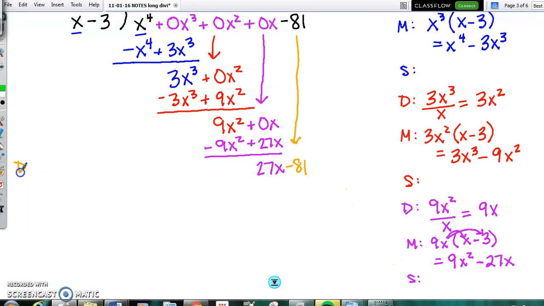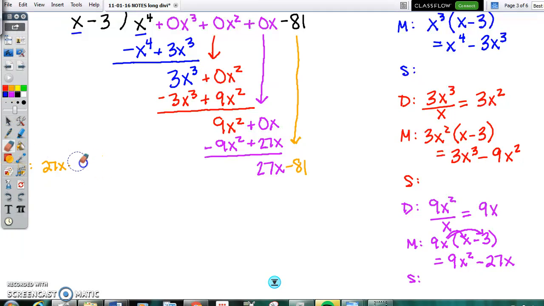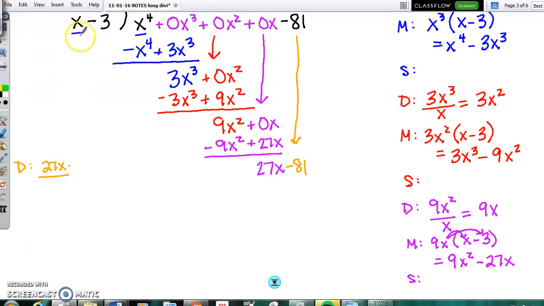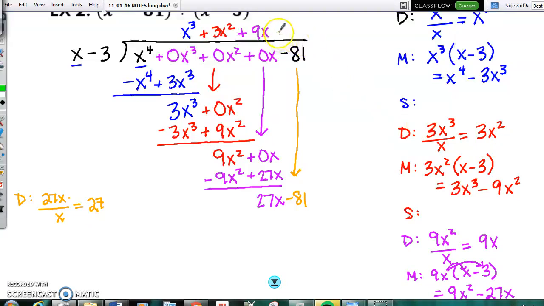Let's do it again. Divide first term by first term. First term over here is x. That's just 27. Write that on our answers up top.